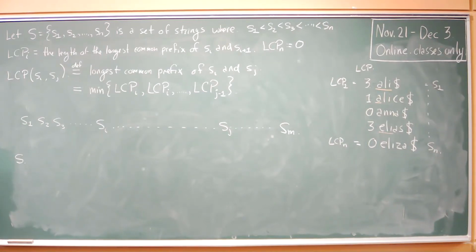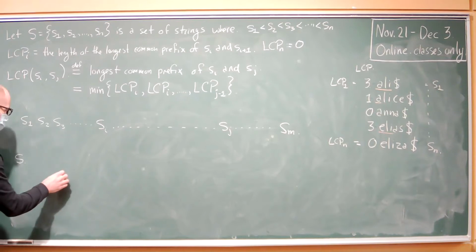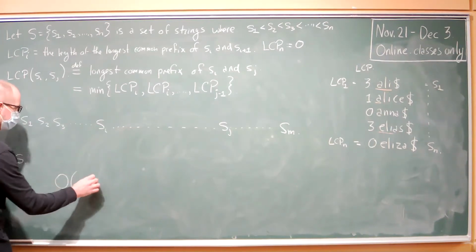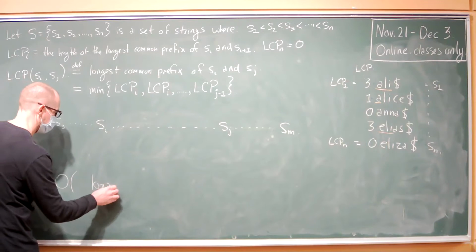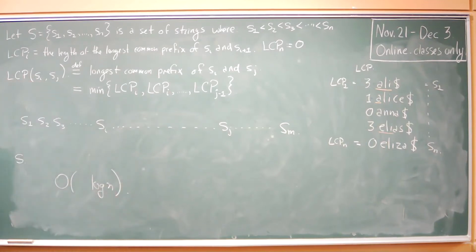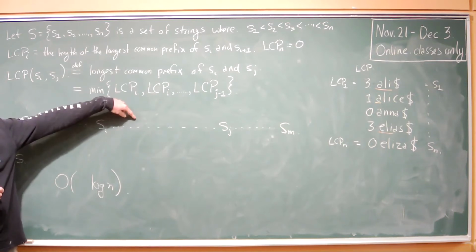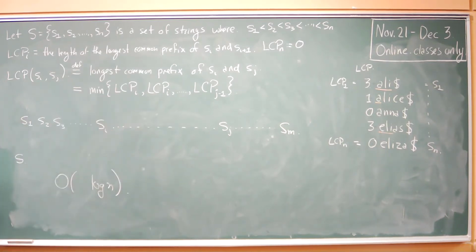And, well, of course, if you have these in sorted order, you can do binary search. Binary search works fine, and it takes O of log n steps, but each step involves comparing S to one of the strings in this set, and the time to compare two strings depends on the length of their longest common prefix.